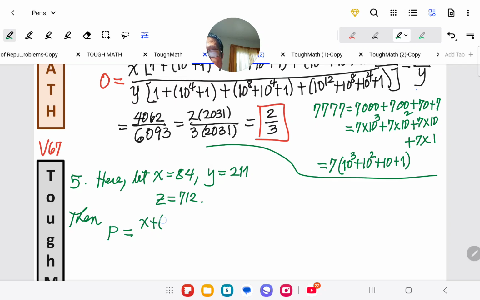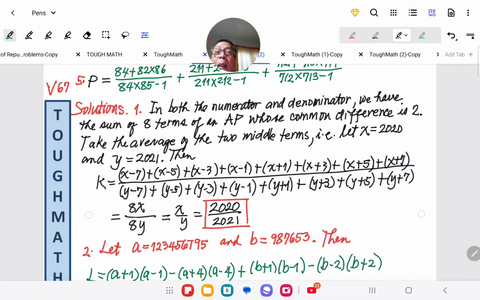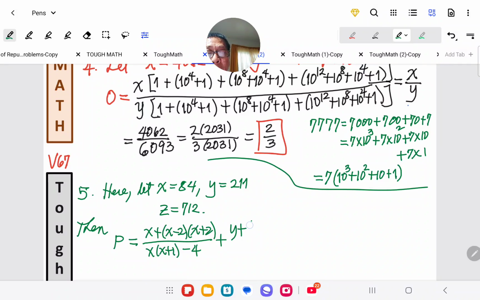x plus x minus 2 times x plus 2 over x times x plus 1 minus 4, plus y minus 2 times y plus 2 over y times y plus 1 minus 4.